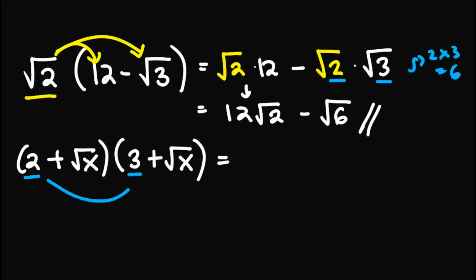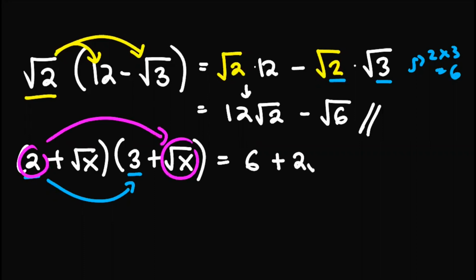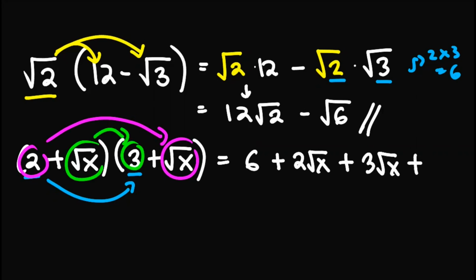So 2 times 3, that will give us 6. Multiply the outer terms. So 2 times square root of x, that will give us 2 square root of x plus, multiply the inner term, so that's 3 times square root of x. So that will give us 3 square root of x. And for the last term, multiply the last terms square root of x and square root of x out here. So that will give us square root of x times x.